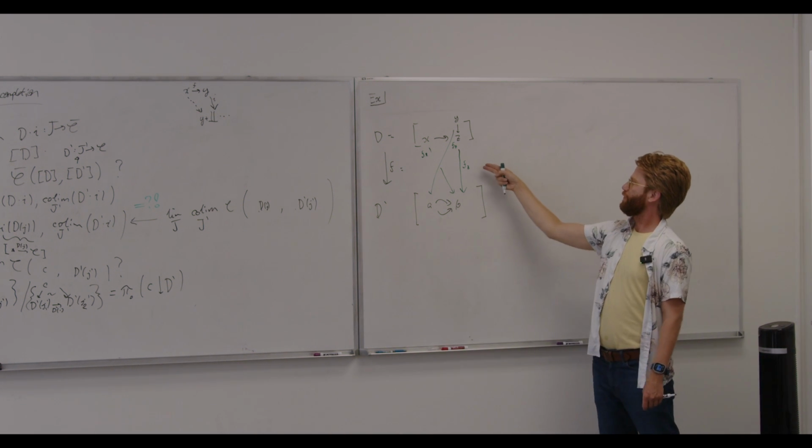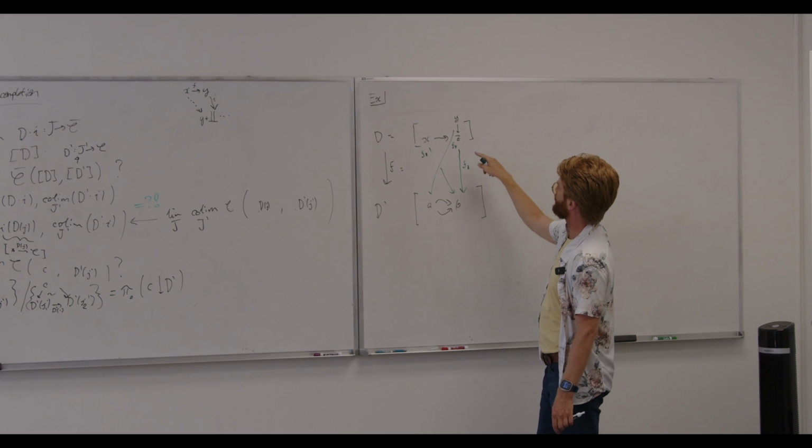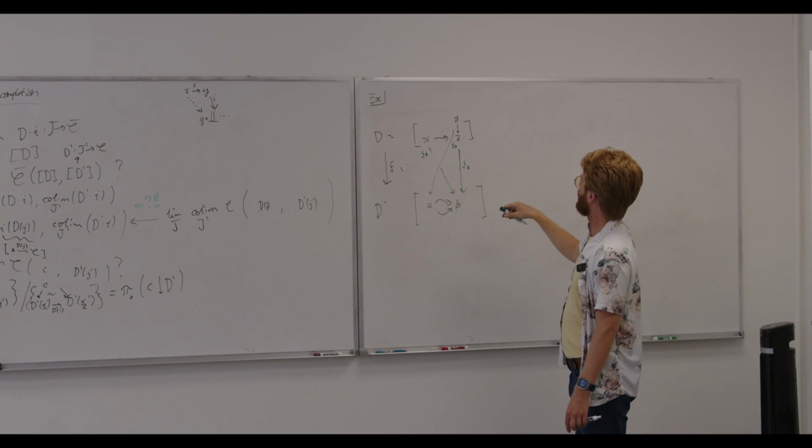So there's a limit condition and a colimit. The limit condition says these things have to be sort of consistent with each other.